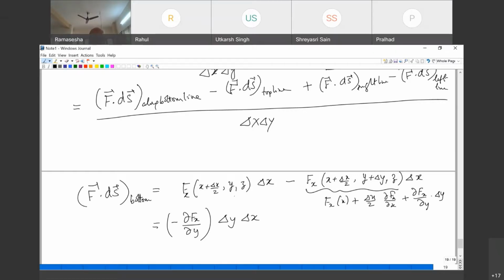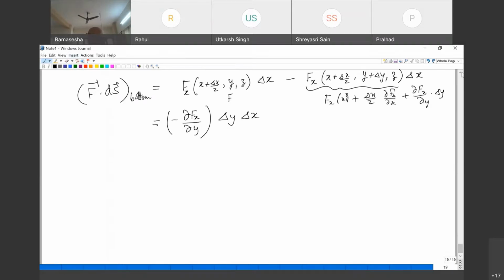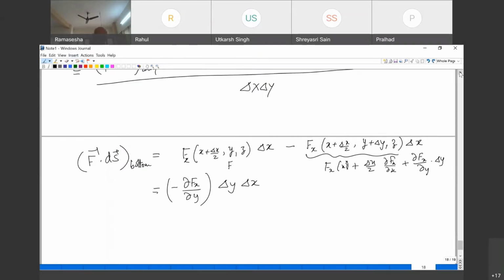And this quantity is nothing but Fx at x, y, z minus Fx at x, y, z. Yeah, this has to be x, y, z. That was what I was trying to change. I'll just write it as Fx at x, y, z. This makes life simple. So this is Fx at x, y, z.